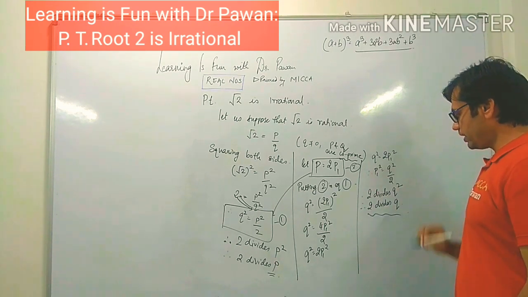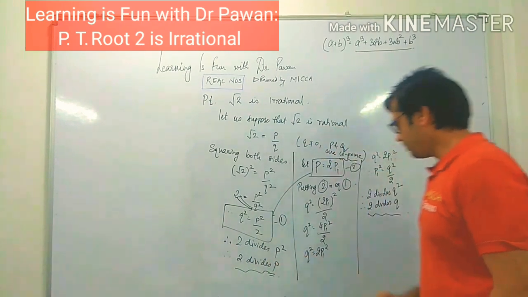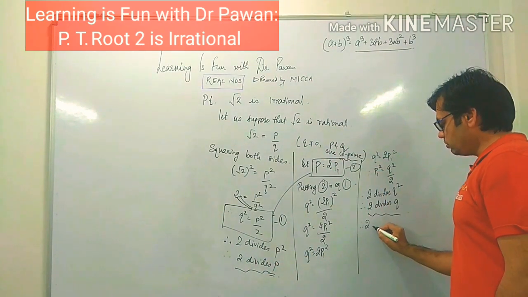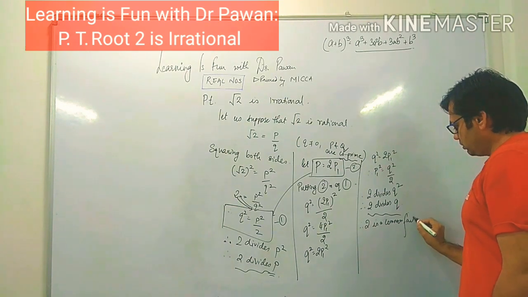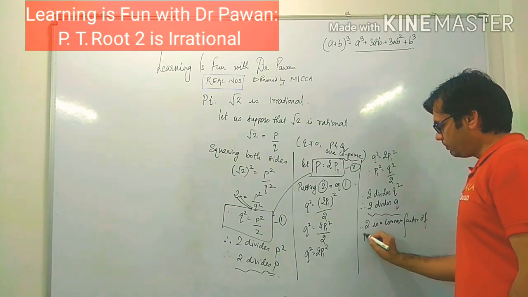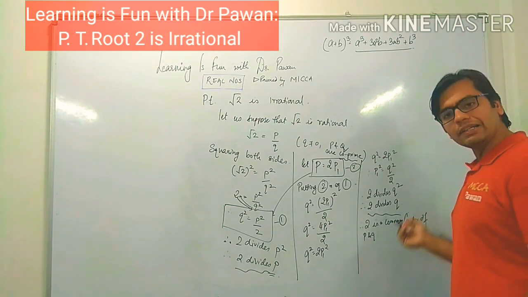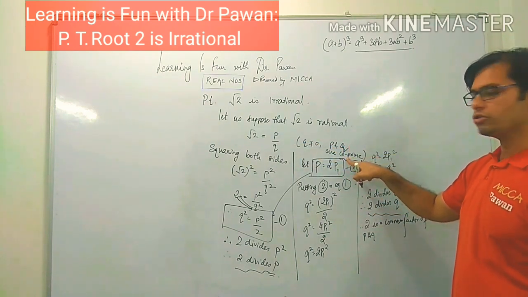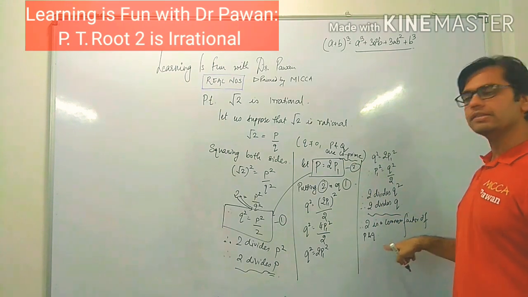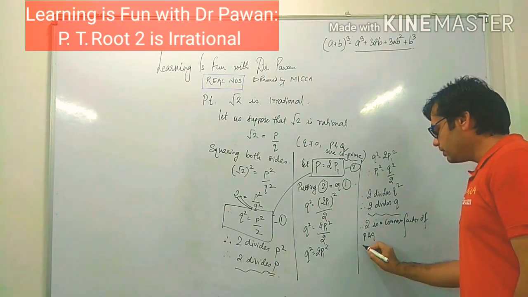Now you see 2 divides q and 2 divides p. Therefore, 2 is a common factor of p and q. But that is not true. Why? Because for rational numbers, p and q have to be co-prime. But in this case, they have 2 as a factor.